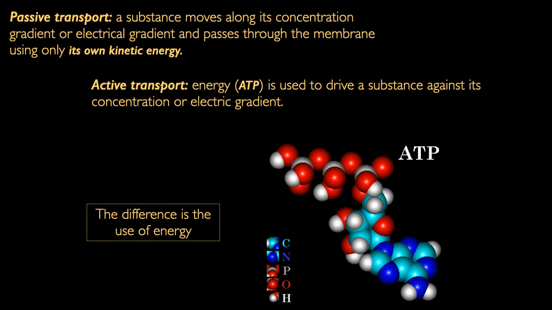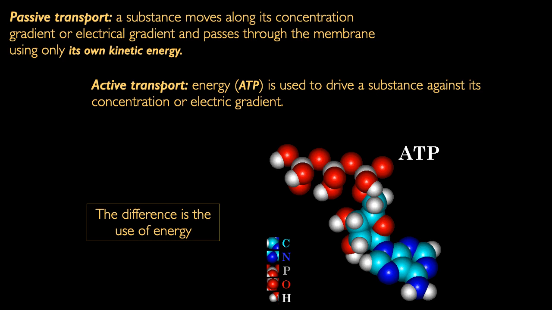When a substance moves through a membrane pushed by its concentration or electrical gradient, it uses its own kinetic energy. So it doesn't consume the cell's energy, that normally is in the form of ATP, and this is why we call it passive transport.